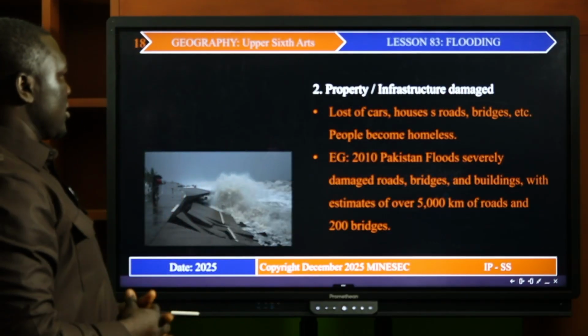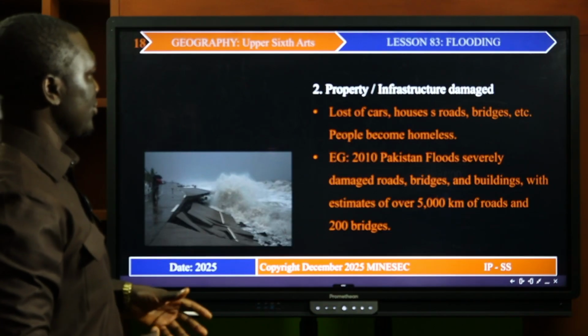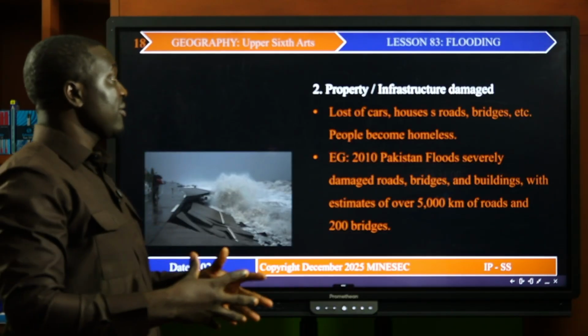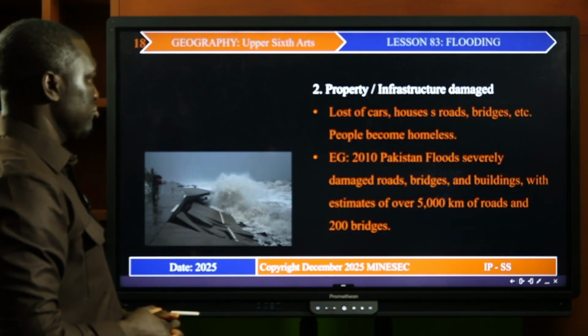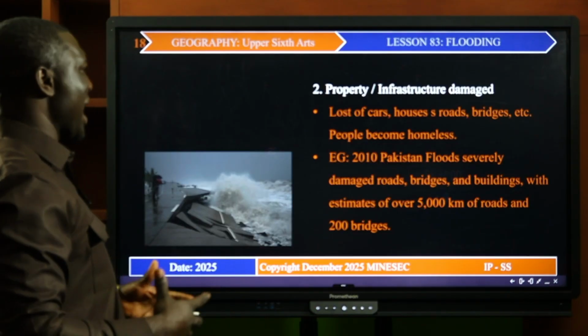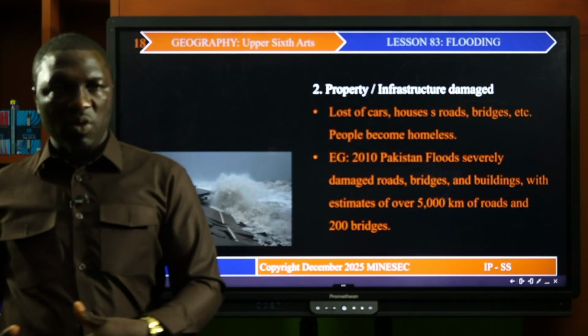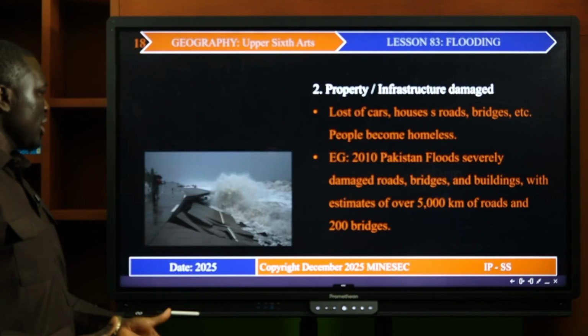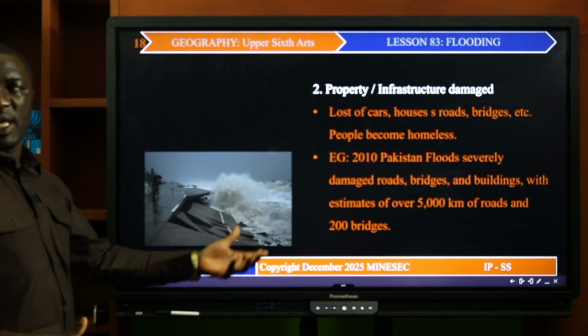The next impact is damage to property and infrastructure, where people's cars are carried away and destroyed. Bridges are destroyed. Look at what happened at the coastal area here.